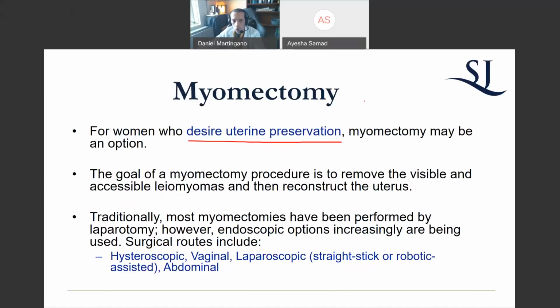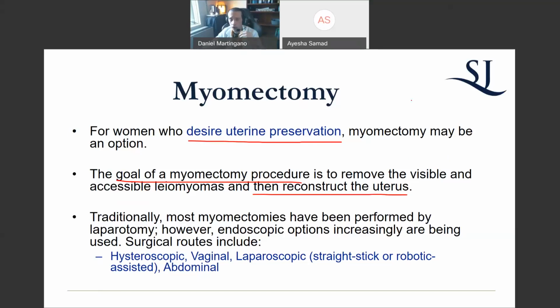So the goal of the myomectomy procedure is to remove the visible and accessible, or really all of them that you can, and then you reconstruct the uterus, okay? You can imagine that if you have a uterus that is just completely stocked with these little fibroids, that's going to be very difficult to macerate the whole uterus and put it together, but oftentimes that's not the case.